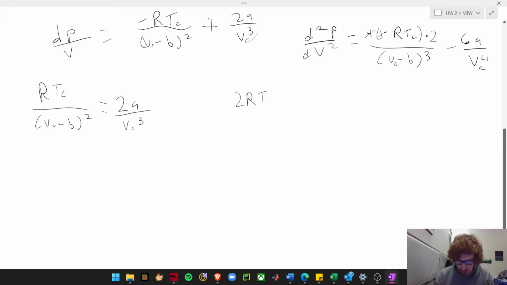So 2 times R times T, the temperature at the critical point, over the critical volume minus B cubed is going to be equal to 6A over the critical volume to the fourth.